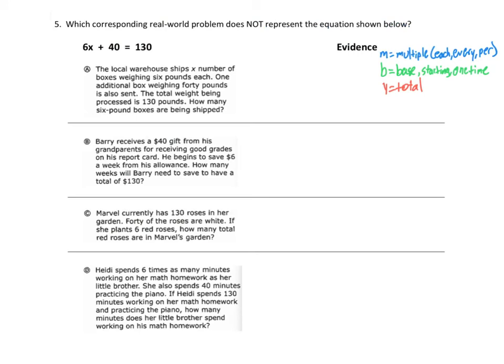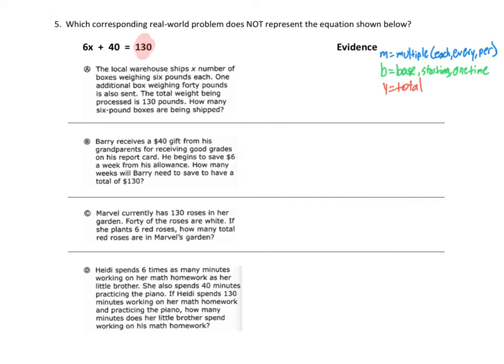So number 5 says which corresponding real world problem does not. So that means we will have 3 correct answers and 1 equation that does not match up. So let's go ahead and finish color coding. I put our labels over here, that way it helps us color code. We know that Y is our total, so that would be right here, and that's red.